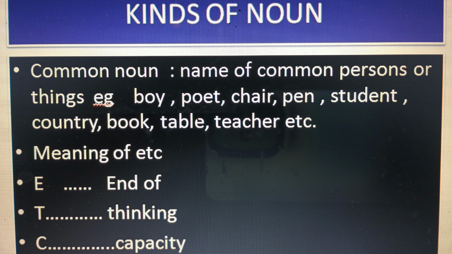E stands for the end, T stands for the thinking, and C stands for the capacity. So when you are giving a number of examples and enumerations, you write at the end etc.